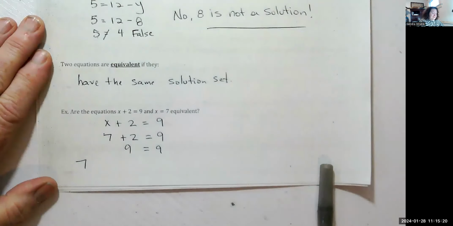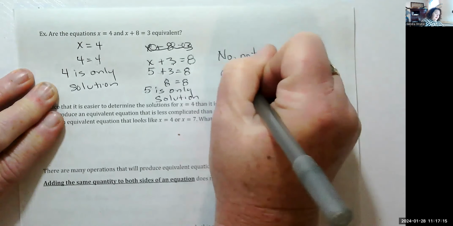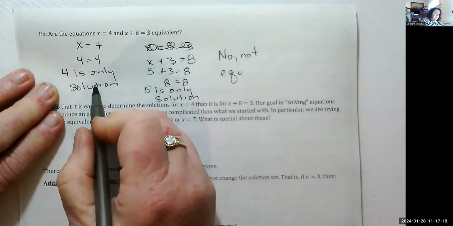So 5 is the only solution. All right, so no, they're not equivalent, because 4 is the only solution for this one, and 5 is the only solution for this one. So no, not equivalent.